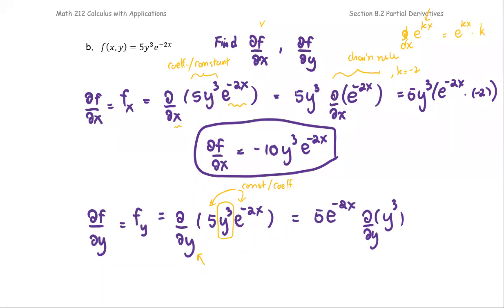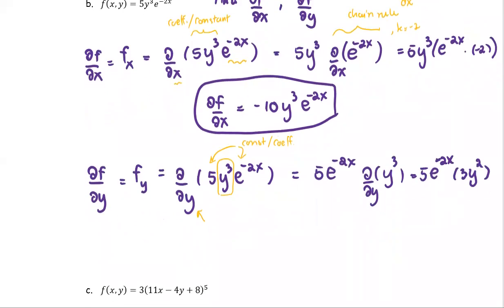And the derivative of y to the third, by using the power rule of the derivative, gives you 3y to the second. Next we just simplify into a nicer form. The partial derivative with respect to y equals 5 times 3, that's 15, and e to the negative 2x multiplied by y to the second as the answer.